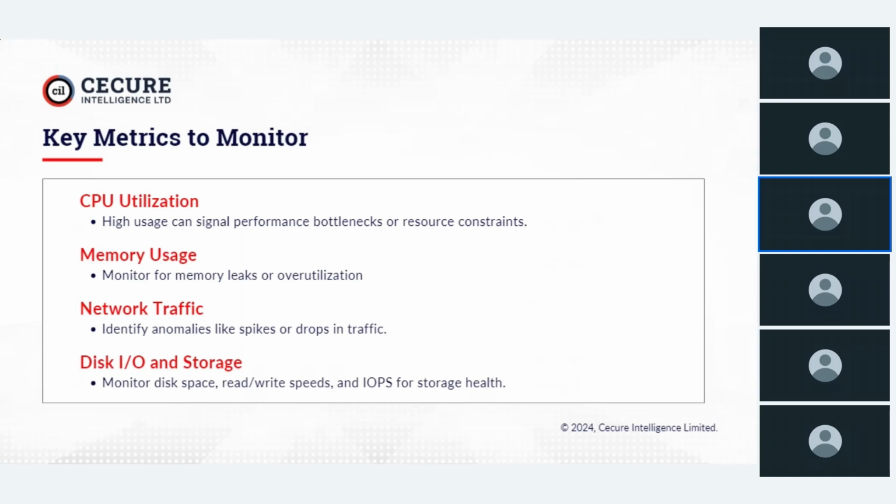So the first is CPU utilization. Just to spend a bit of time on this, it shows you if there's high usage on that instance, which can signal performance bottlenecks or resource constraints. So if you have an instance and the CPU is, say, 70 or 80% utilized, then you know that the instance is getting overwhelmed.